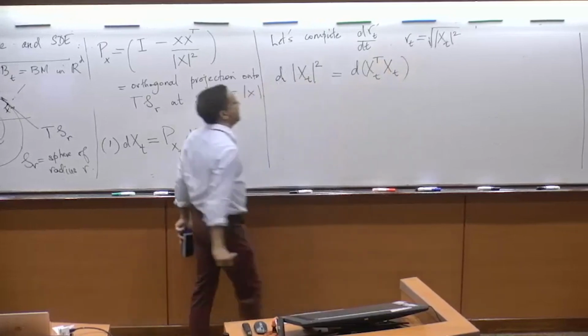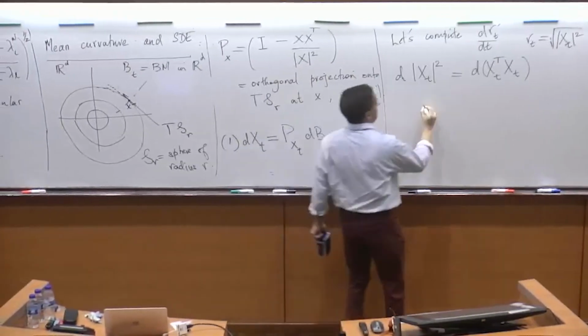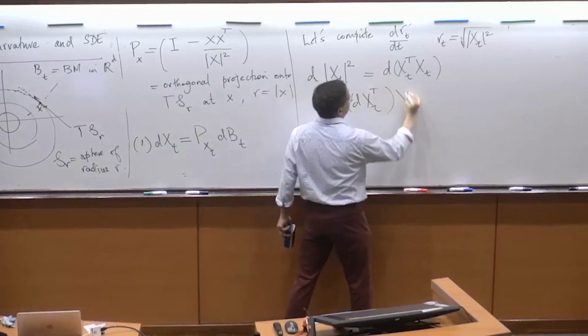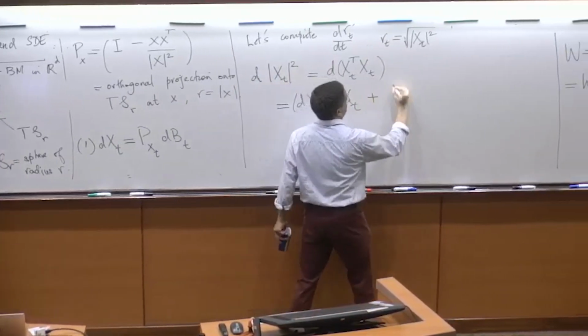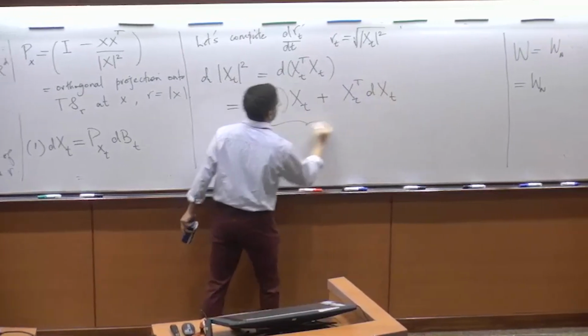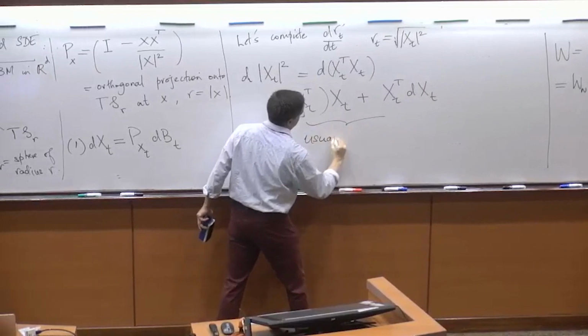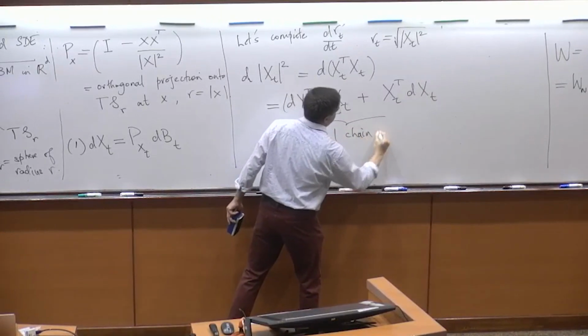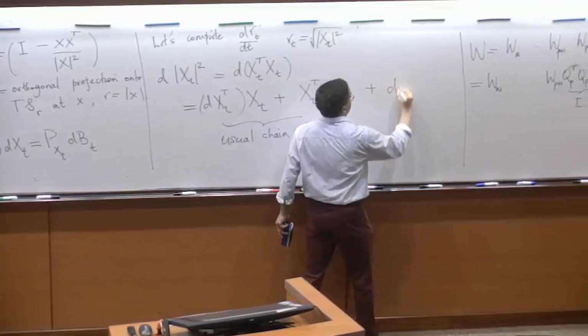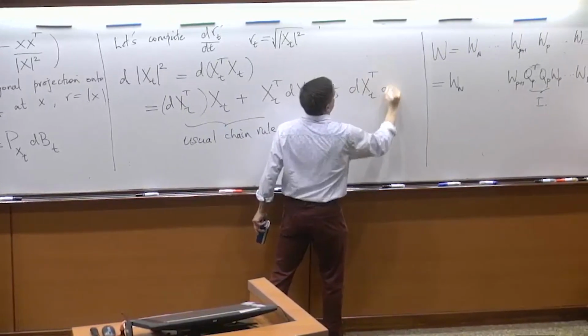And so by the chain rule, you get a term of this sort. Okay, so that's the usual chain rule. But then there's an Ito correction, because we're doing Ito calculus, and it turns out that the Ito correction in this case is that.